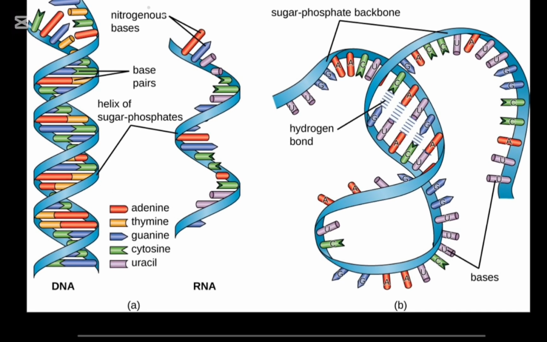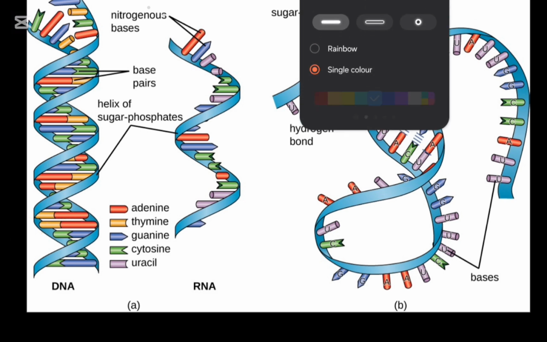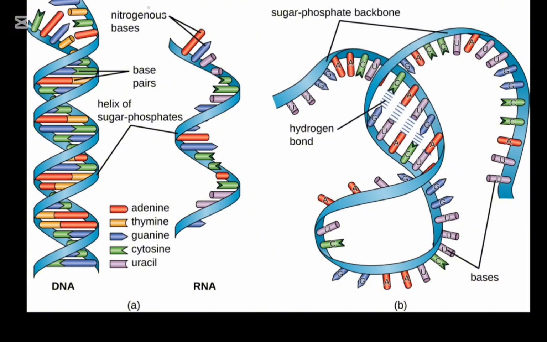This is going to be helpful. This diagram shows how nitrogenous bases pair. As you can see here, we have adenine, thymine, guanine, cytosine, and uracil. Here you see that the red pairs with the orange, adenine and thymine.